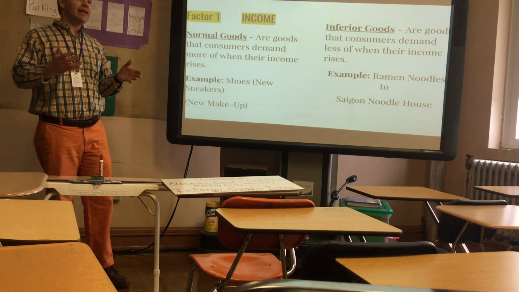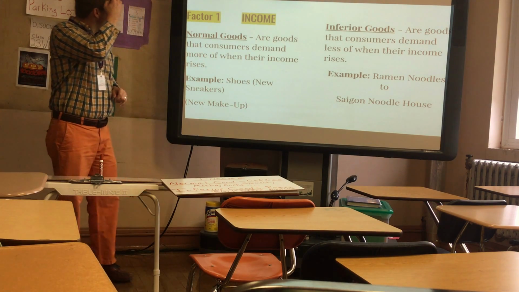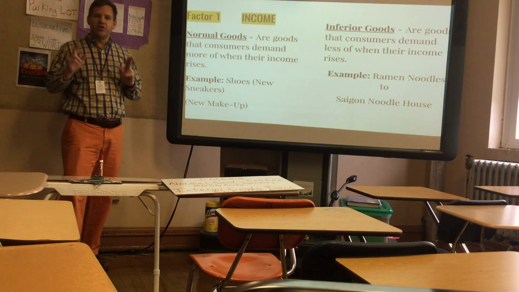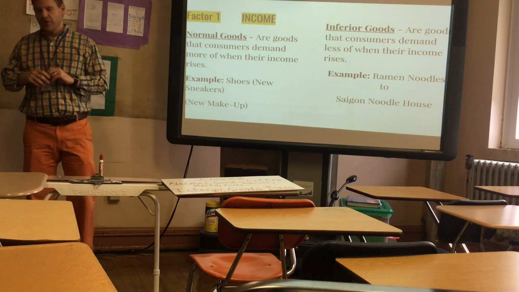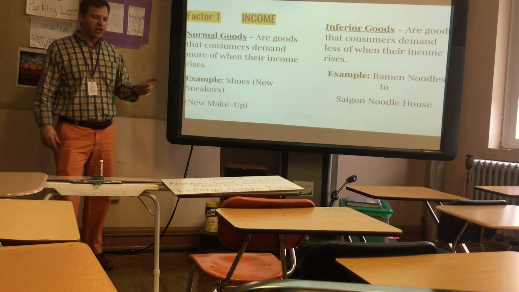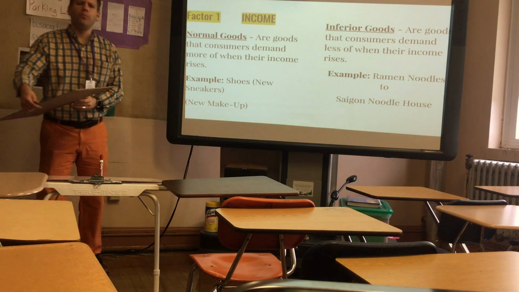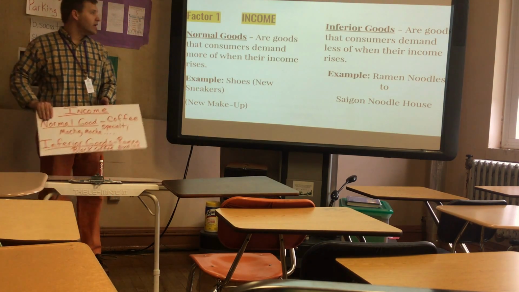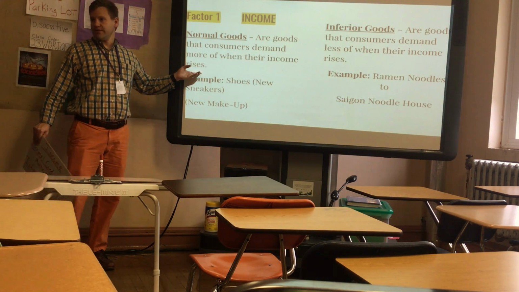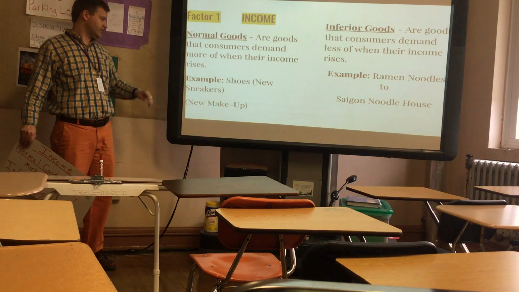He and his family can demand more goods and services. There are 2 types of goods economists have observed. There are normal goods. These are goods that people will purchase more of when their incomes rise, or they'll purchase less of them if their income falls.